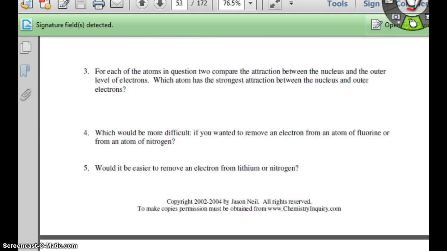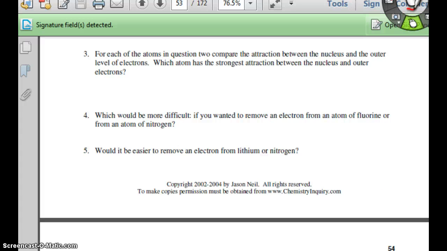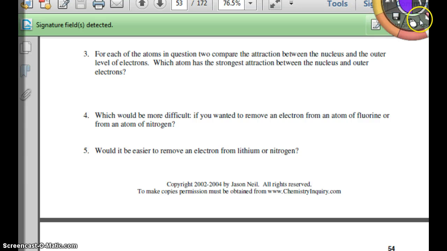So the third question. For each atom in question, compare the attraction between the nucleus and the outer level of electrons. Which atom has the strongest attraction between the nucleus and the outer electrons? So you have to look at how many electrons they have, and that will tell you how many protons they have.